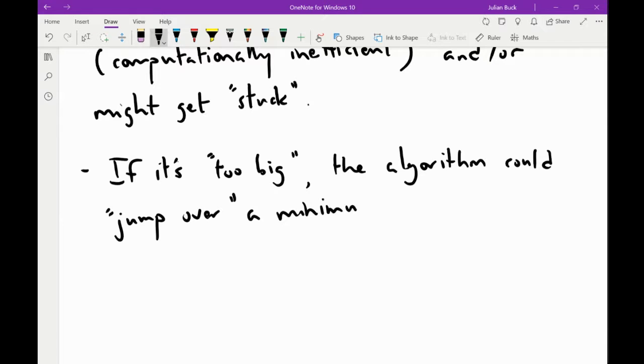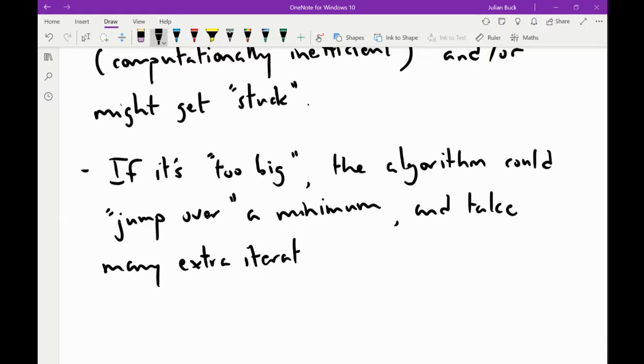So go too far compared to where it is, and then take many extra iterations to converge back to it. In particular, depending on the step sizes, it's possible you could bounce back and forth over the minimum.